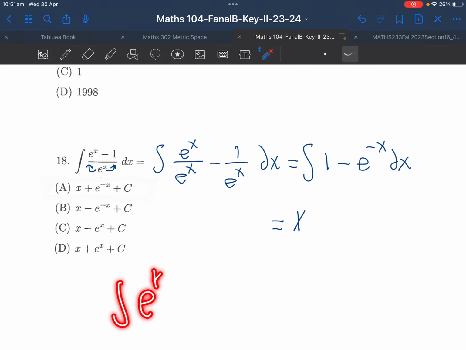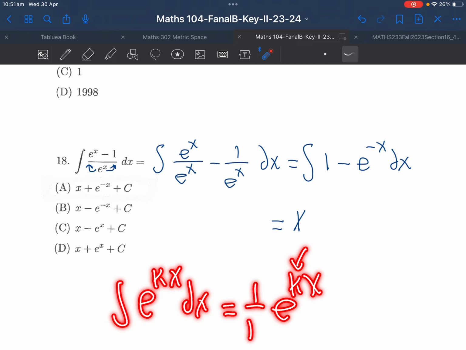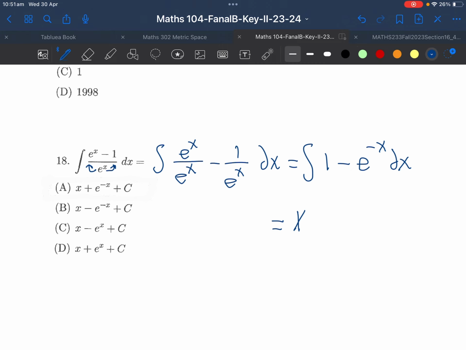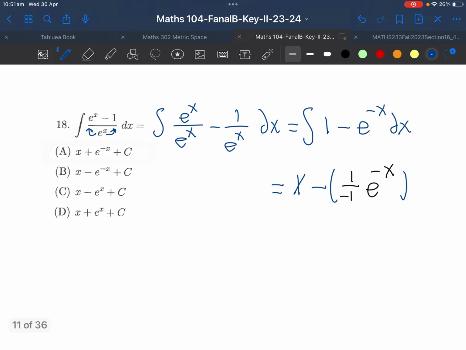Integral of e^(kx) is the same, e^(kx), but because there is a k here, we divide by k. So it will be the same, e to the minus x, and then we divide by minus 1. Which means the final answer would be just x plus e to the minus x plus c, which corresponds to part A.